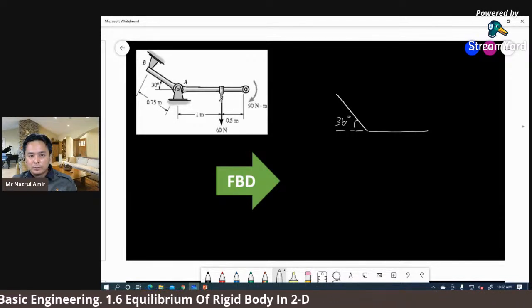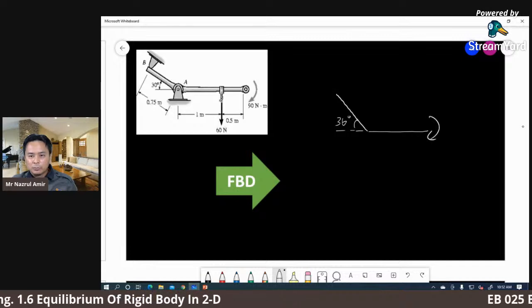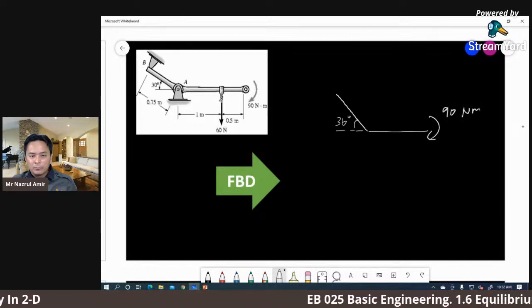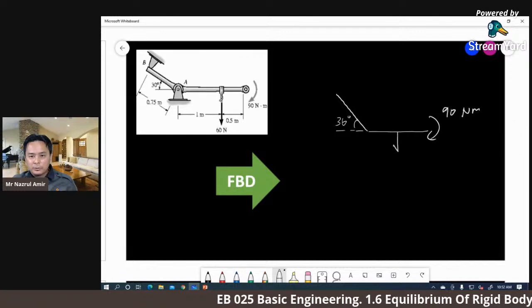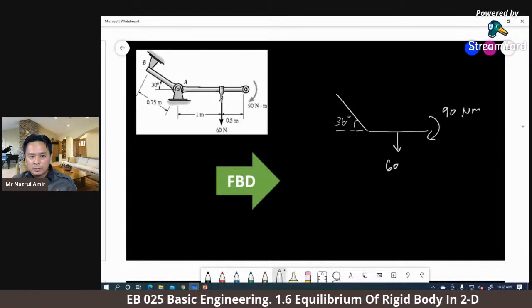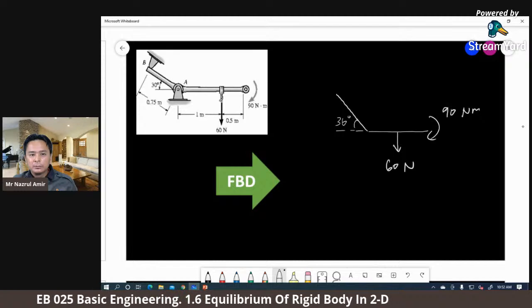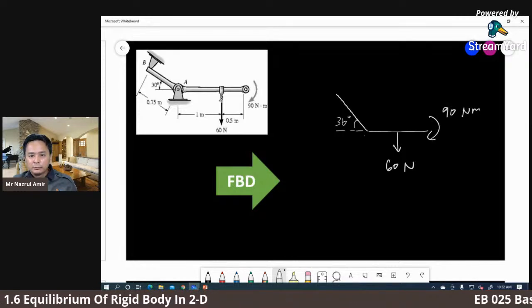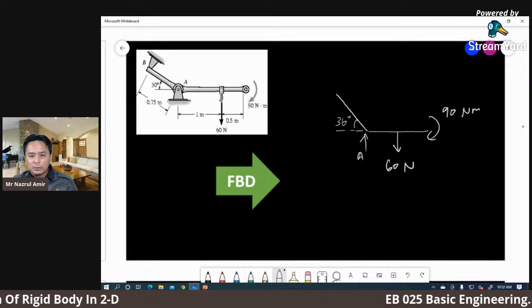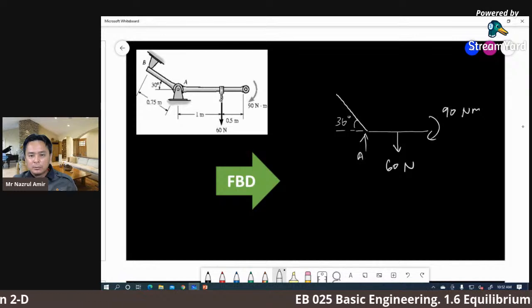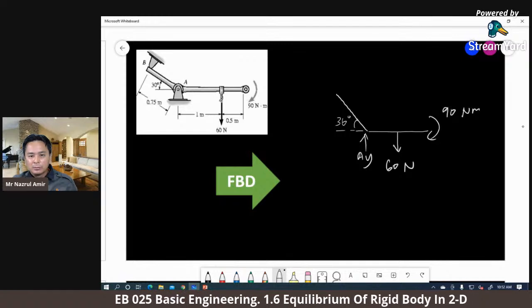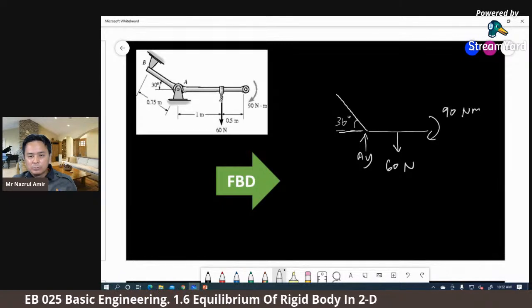So here is the moment, couple moment, 90 Newton meter, and then action force 60 Newton, and then reaction force, okay, AX and AY. So I will draw AY to upward and AX to the right, assume, okay.